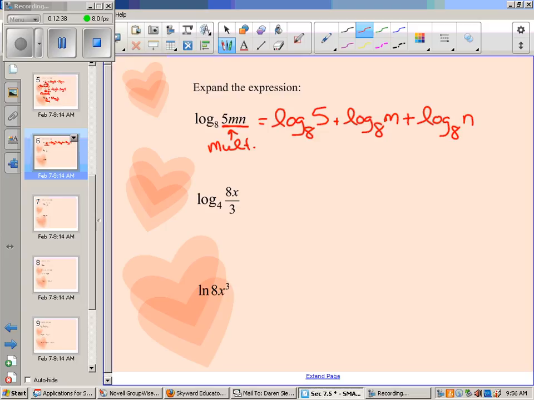Okay, log base 4 of 8x over 3. Adding and subtracting, because here we're multiplying, but we're also dividing. So we're going to have to add to show what's happening in the numerator, and we're going to have to subtract to show the division. Okay? What I tend to do with these is whenever things are grouped together, like the 8 and the x are grouped in the numerator together, I put parentheses around them.